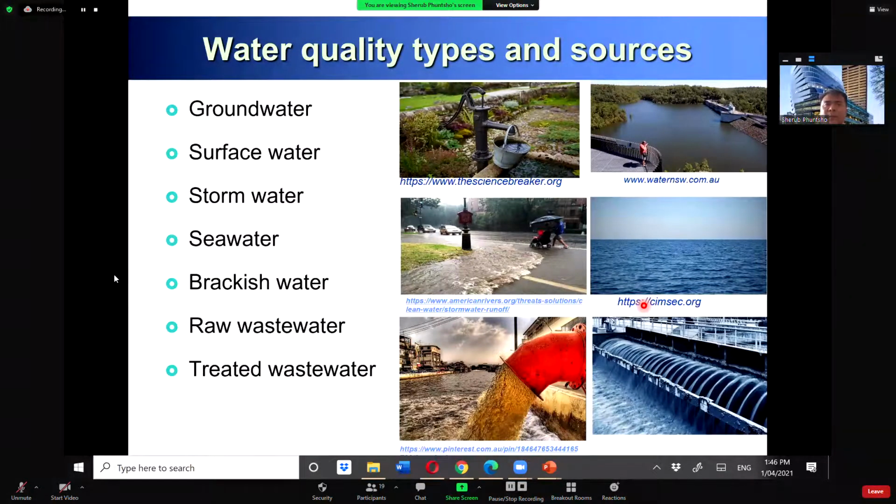Okay, so a very good example is Central Park, just in front of UTS. Central Park has a wastewater recycling plant.